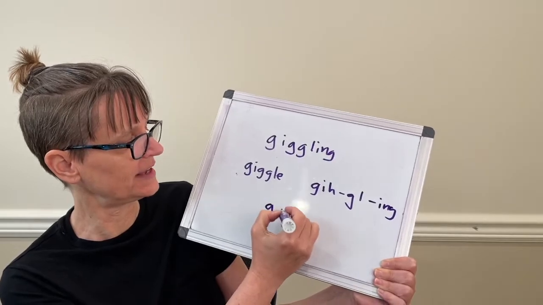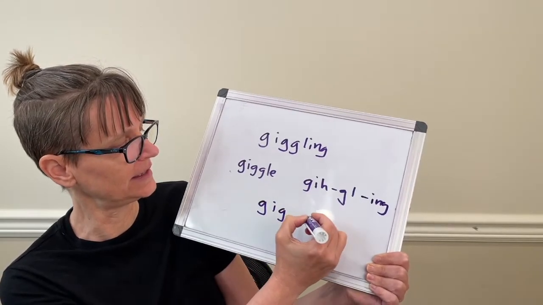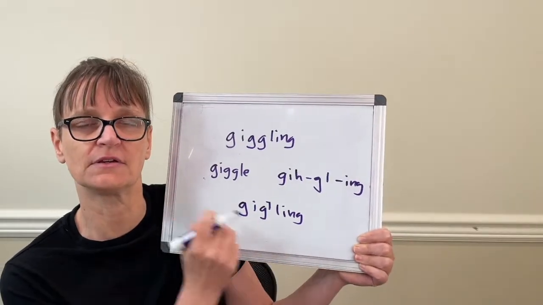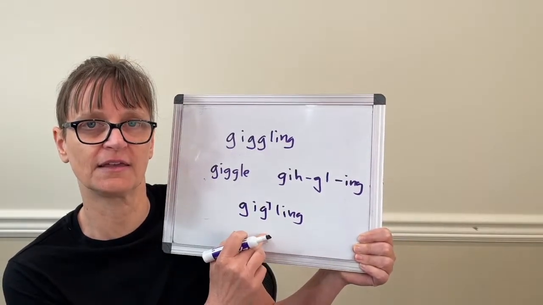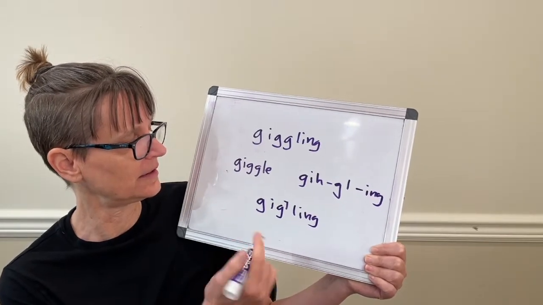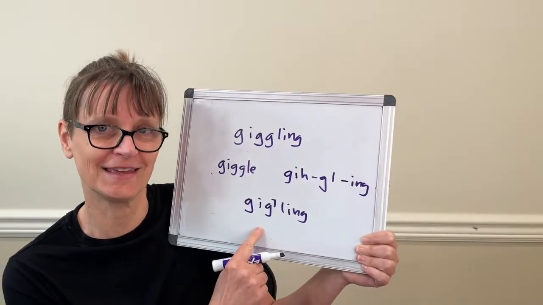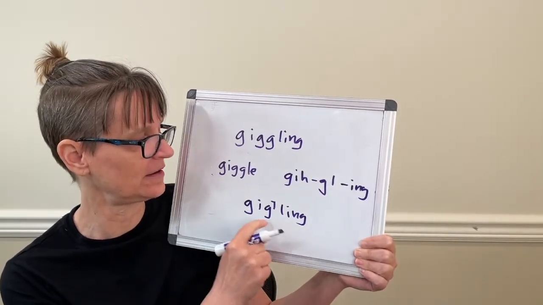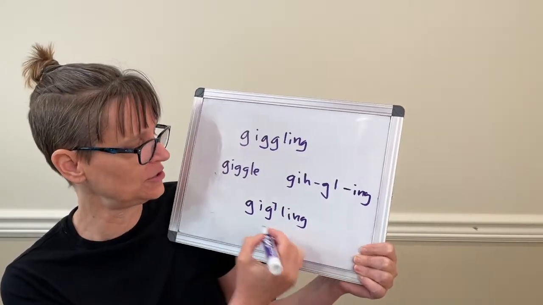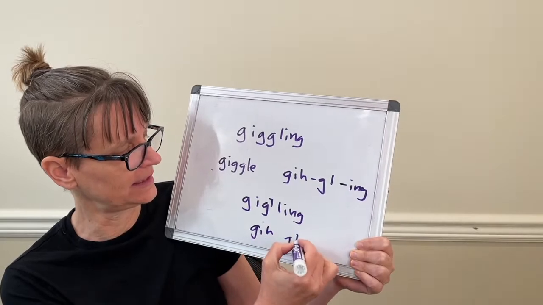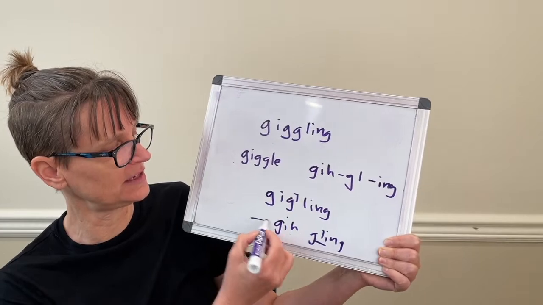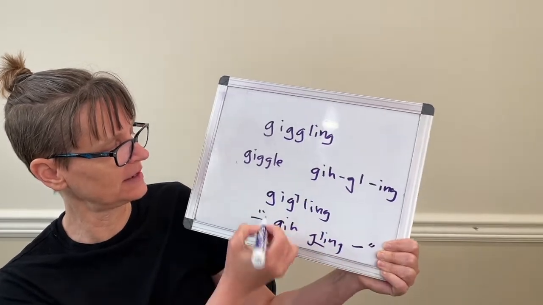More likely, we're going to say giggling. Where this first g sound, I'm not going to say giggling. Okay, there are multiple different ways. So I can say gig, not release that J, and then that g sound and go right to the ling, giggling. Or I can do giggling, where I do a kind of a GL blend, giggling. That's probably the easiest one to do, so that's what I would recommend, giggling.